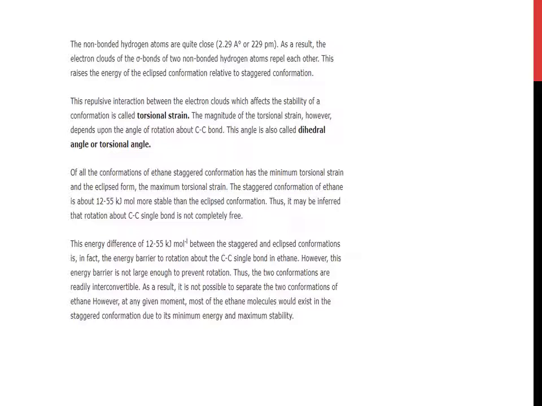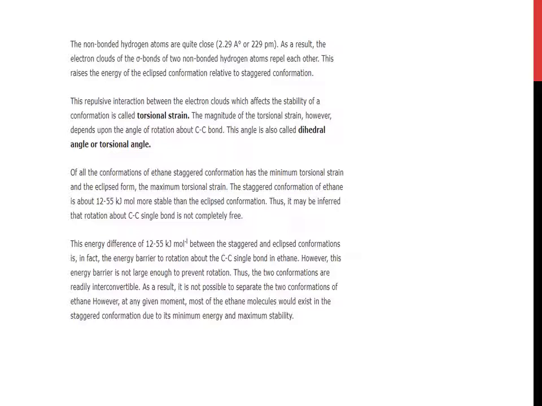This repulsive interaction between the electron clouds which affects the stability of a conformation is called torsional strain. Here is one definition of torsional strain also. The magnitude of the torsional strain, however, depends upon the angle of rotation about the carbon single bond carbon. This angle is also called dihedral angle.